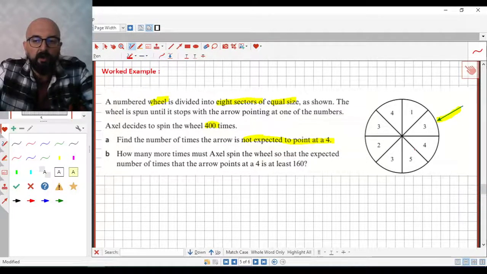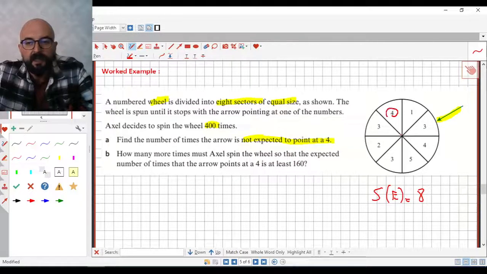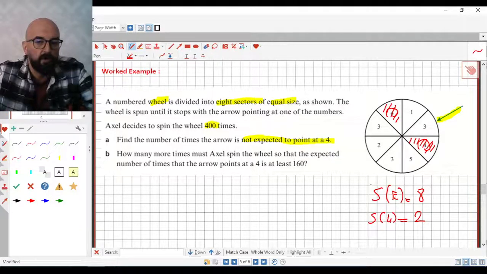Now we have 8 equal size sections, so the number of outcomes is 8, and 2 sectors have a 4 written on them.